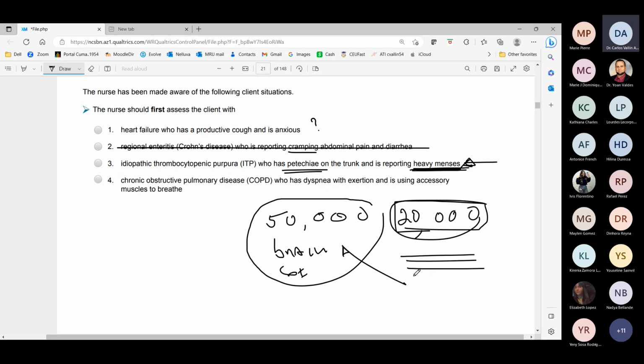Don't allow the patient to fall. Avoid contact sports, don't take aspirin, avoid intramuscular shots, take care with constipation and rectal bleeding, etc. So, bleeding precautions. But it's not an emergency.